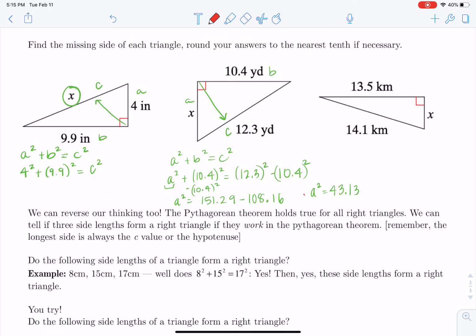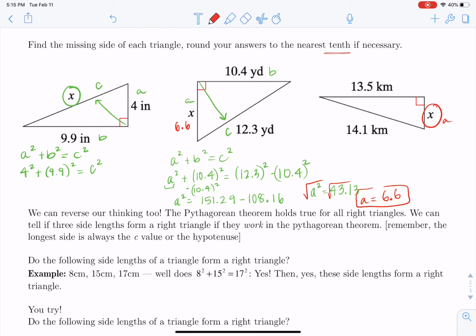And we know that we can take the square root of both sides. So when I do that, I get that A is equal to 6, and we're rounding to the nearest tenth, so 6.6 is what my A value is equal to. A is 6.6. So this one is really similar over here.